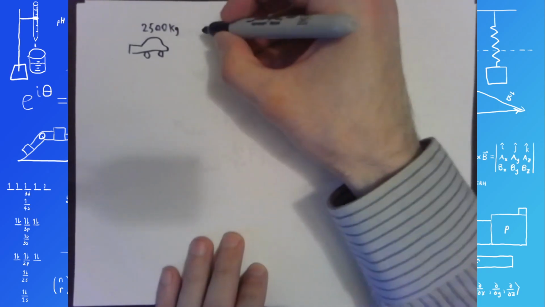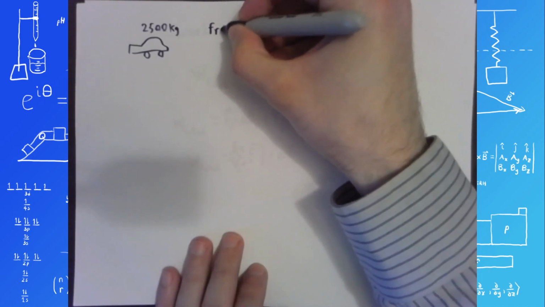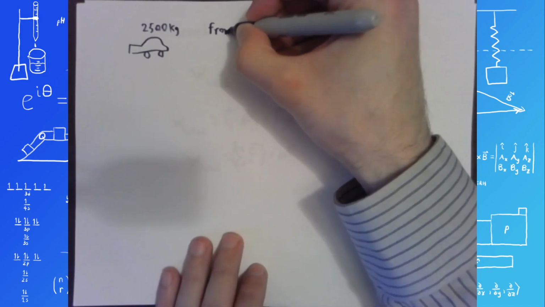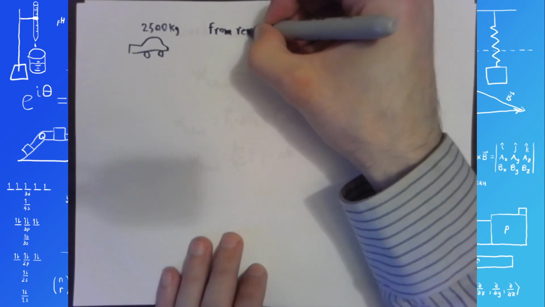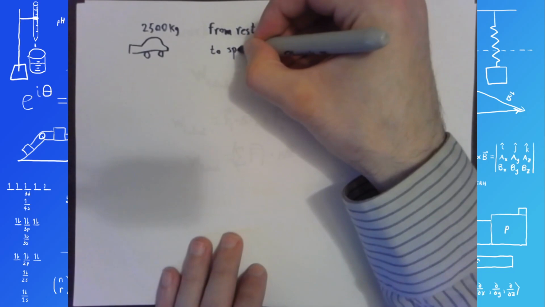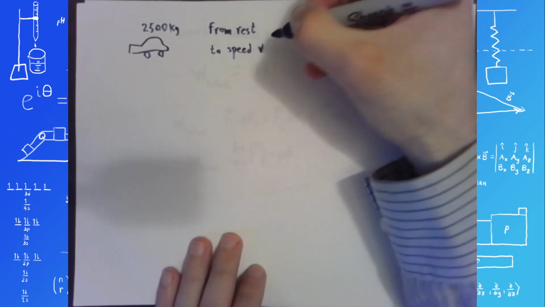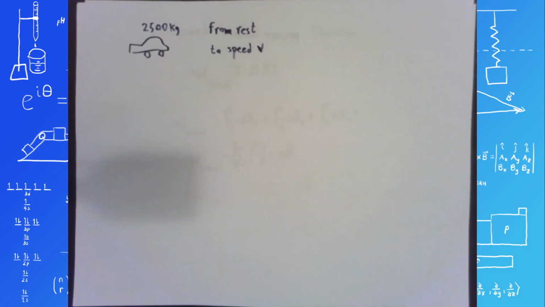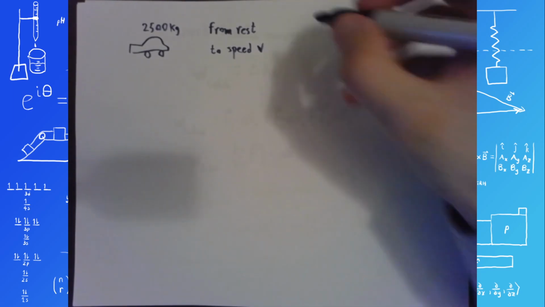It's pushed from rest to speed v. And it says that that is done by doing 5,000 joules of work.